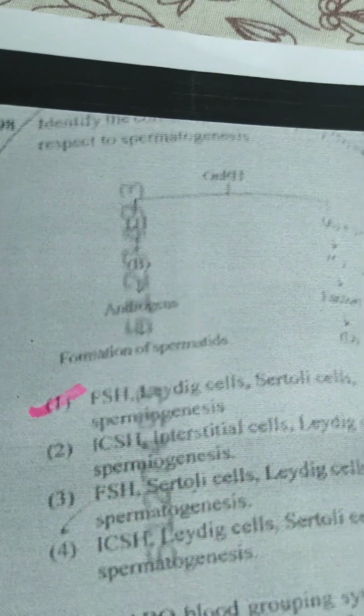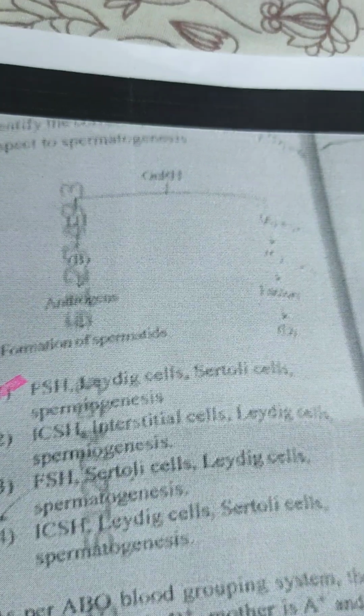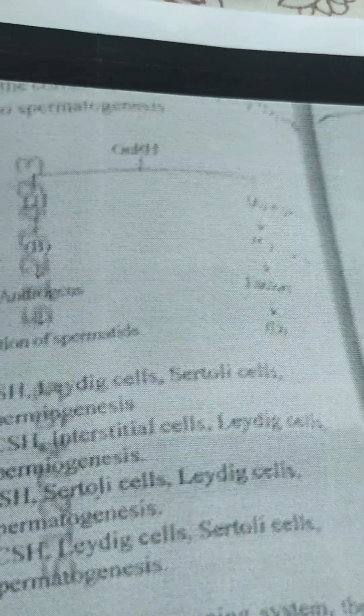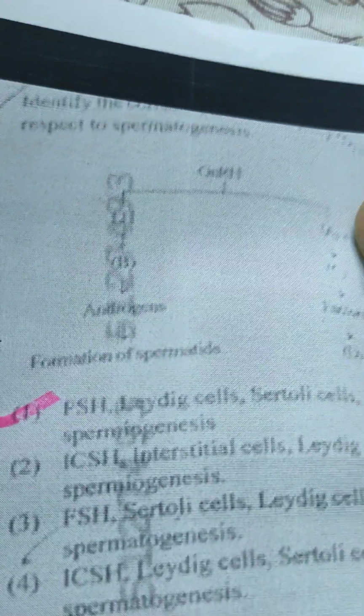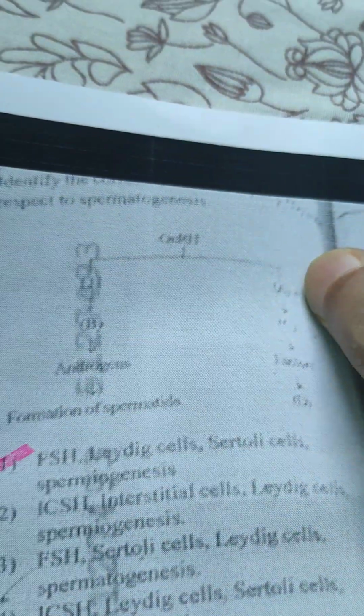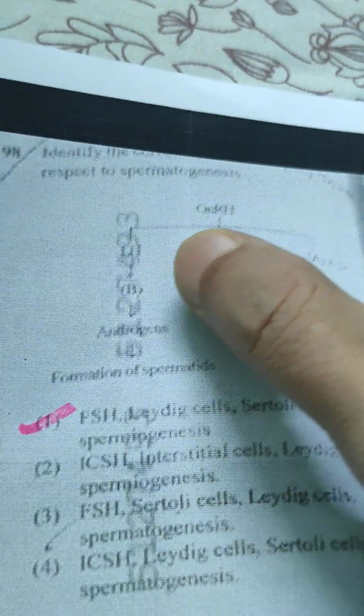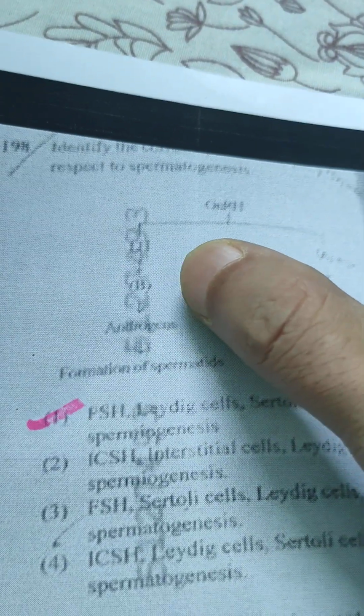Question number 198. GnRH at the top, then A is here it is LH, here it is FSH, and here it is B, LH, after LH, Leydig cells.